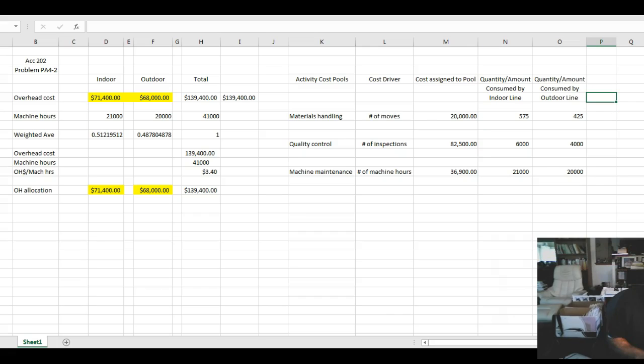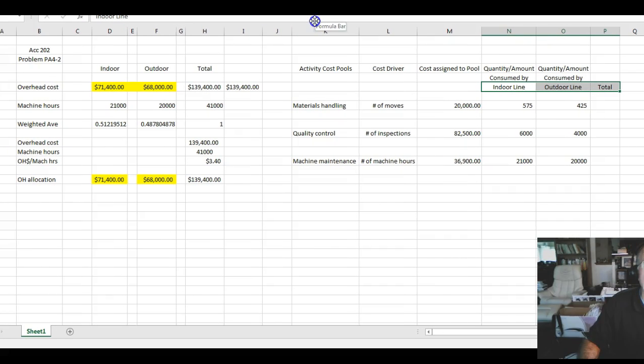But what I'm going to do here is show total, which basically relates to the total of the quantity or amount for each of the 2 product lines. And I can use simple formulas here.